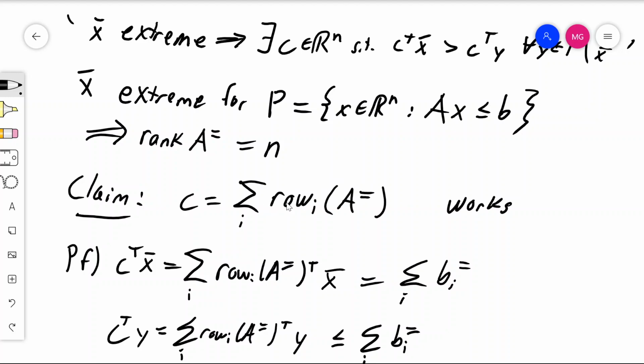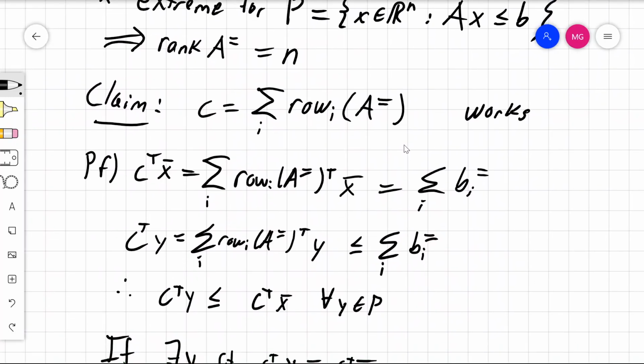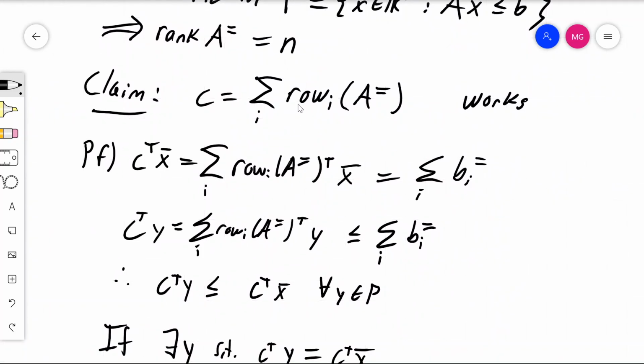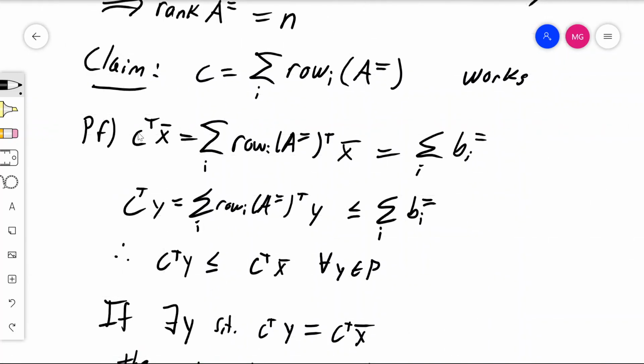Just sum those together, and if you take c to be that, it works. That would probably be a bit difficult to find on your own if you're trying to figure this out for the first time. I'm not sure how quickly this idea might come to you. I don't know how quickly it would come to me either. But anyway, here's the proof.